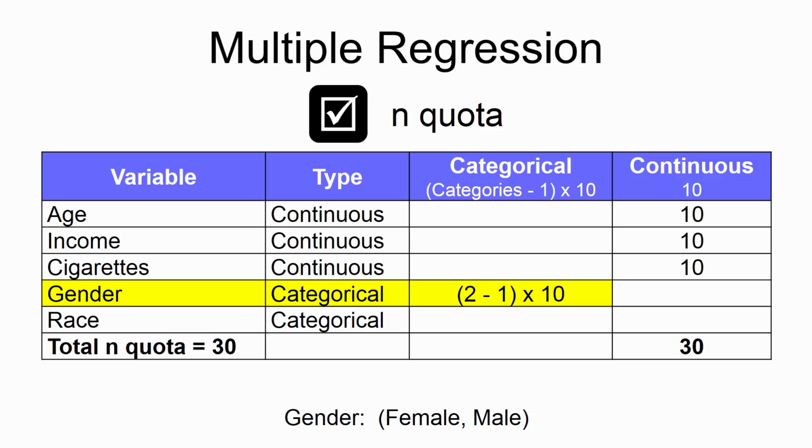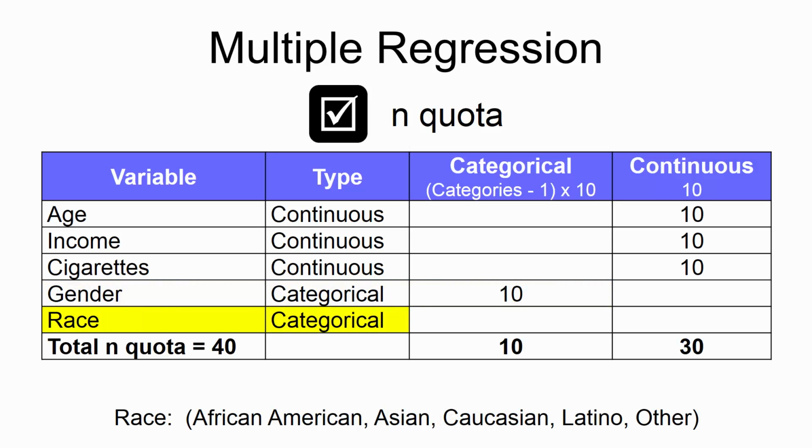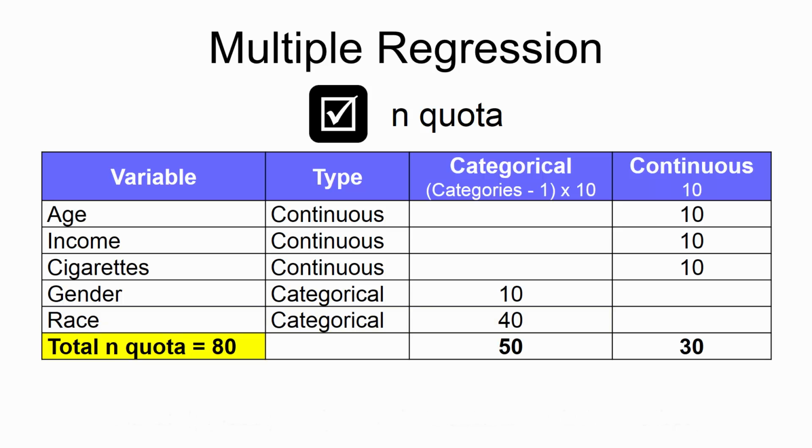Gender contains 2 values. We compute 2 minus 1 times 10, which is 1 times 10. Race contains 5 values. We compute 5 minus 1 times 10, which is 4 times 10. We find that this model requires an N of at least 80 to produce robust results.